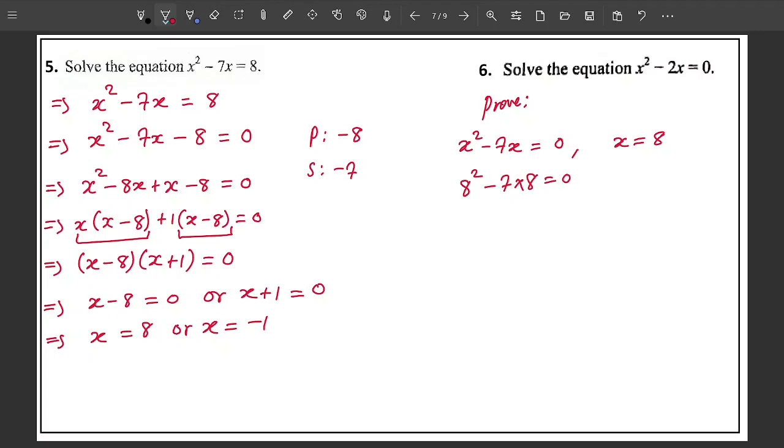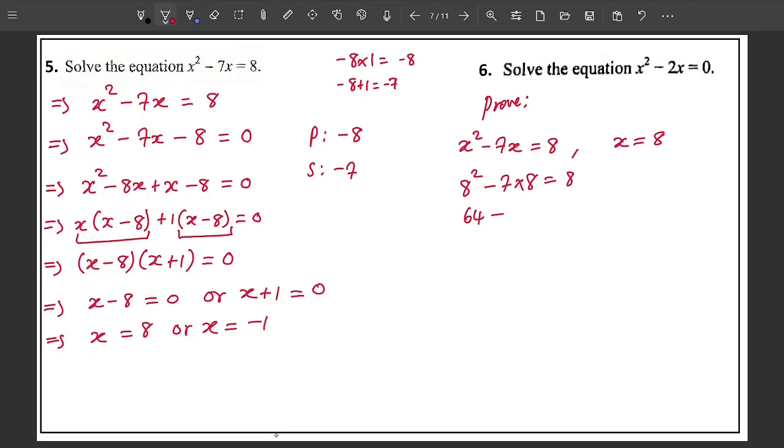Okay, so let's do 8 squared, it is 64, right? Minus 7 times 8. Let's just prove. Okay, here I made a mistake. So we need to have 8 here, right? So we have 8 here, 8 here.